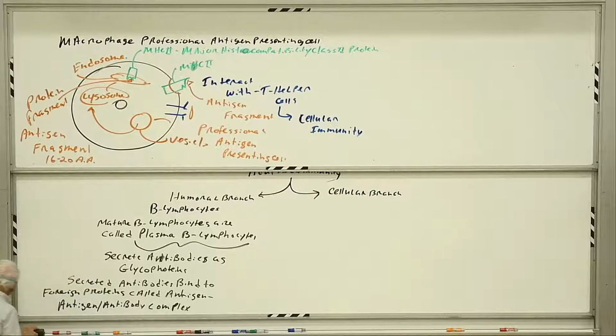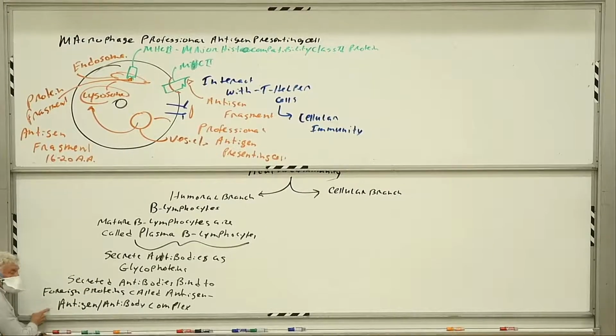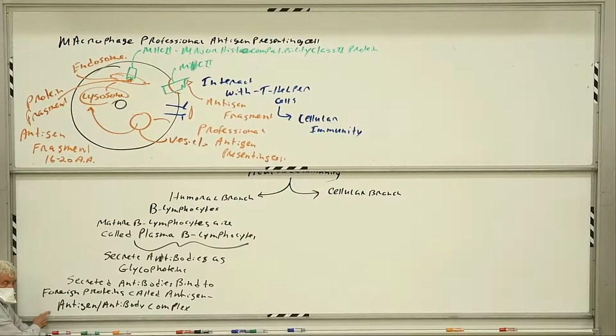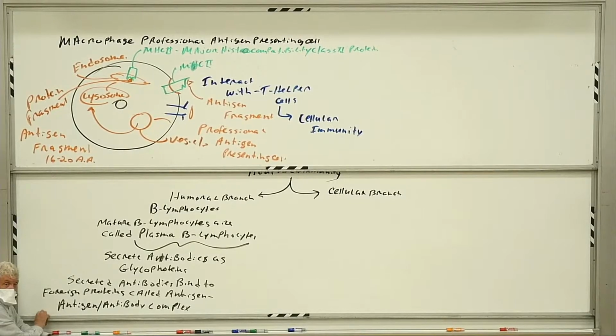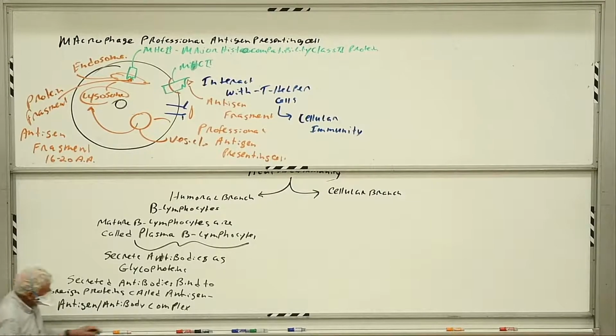Largely what's happening with these antibodies is they're binding to the antigen and inactivating it. For example, the way antibodies are working for COVID is that they'll bind to the spike protein we talked about the other day. And then by binding to the spike protein, the antibodies will prevent the spike from binding to cells, prevent the viruses from getting into cells. But they have to form this antigen-antibody complex.